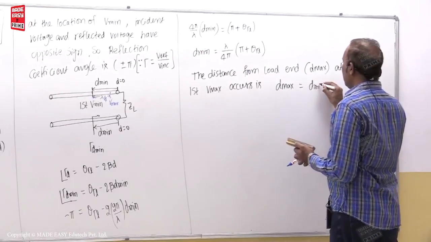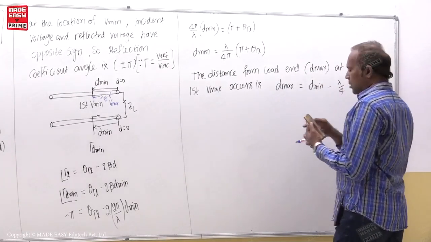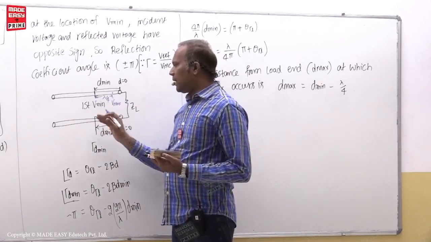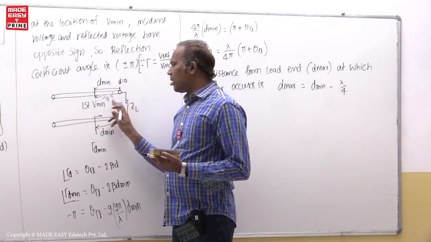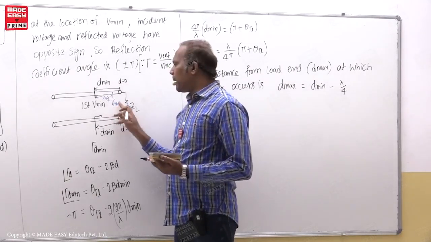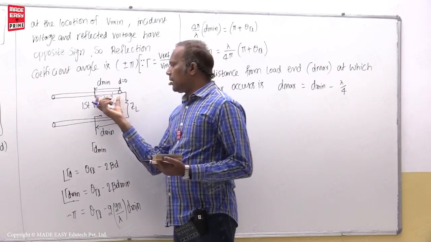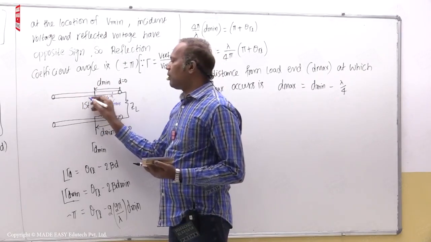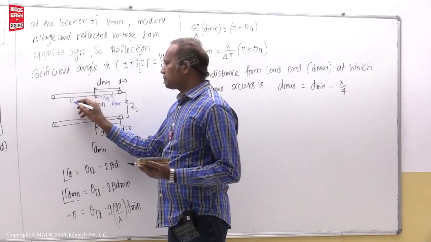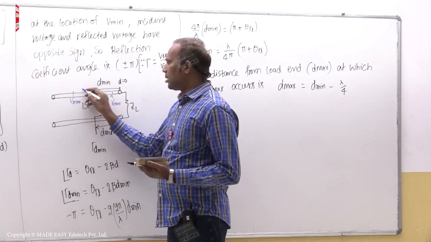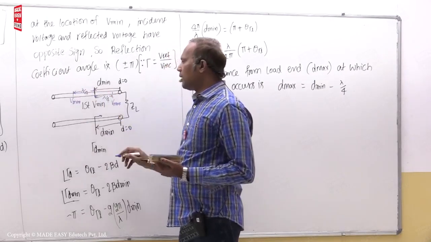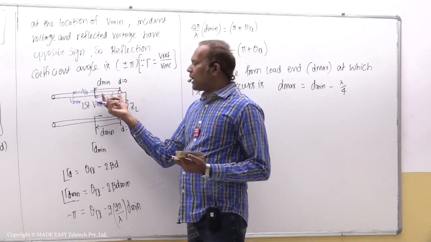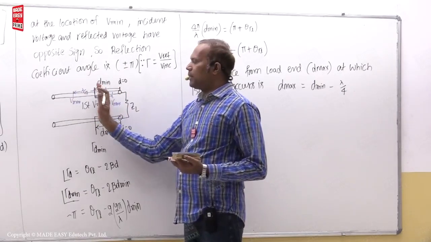And if the transmission line length overall is less than lambda by 4, then definitely you will not find V maximum on that side. Then you will find V maximum on the other side at lambda by 4 distance.